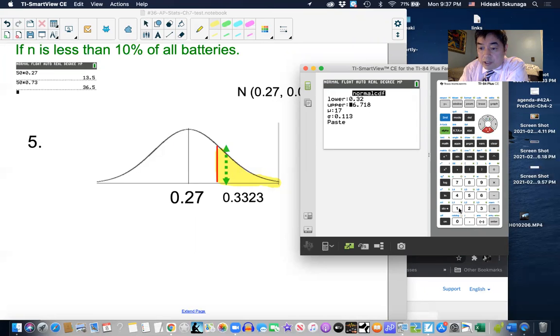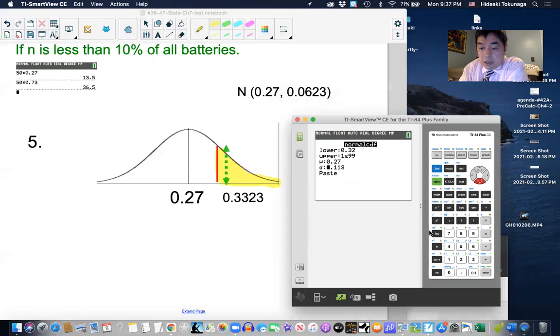Upper is infinity, 1E99. Mu is 0.27. Standard deviation was 0.0623. And let's paste. Okay.